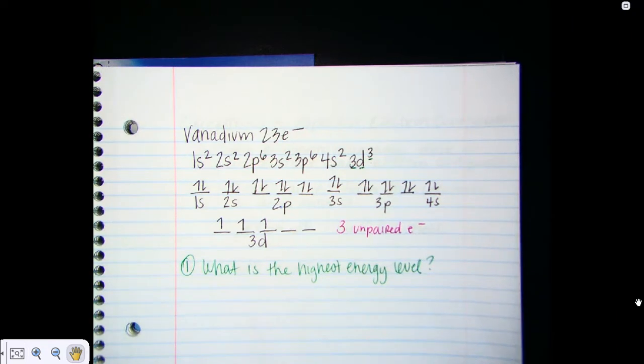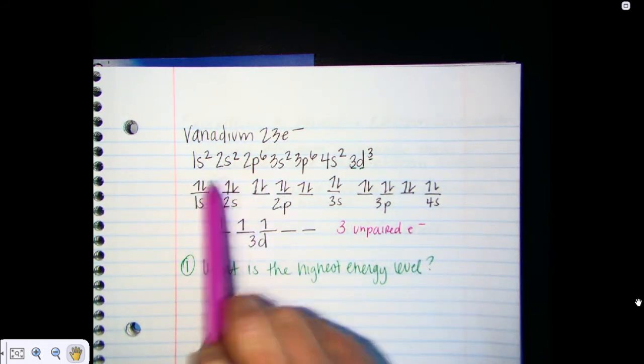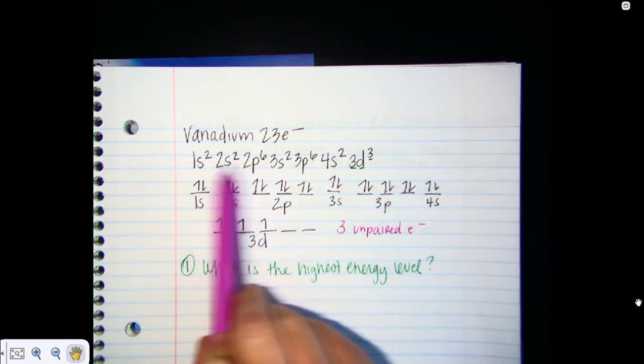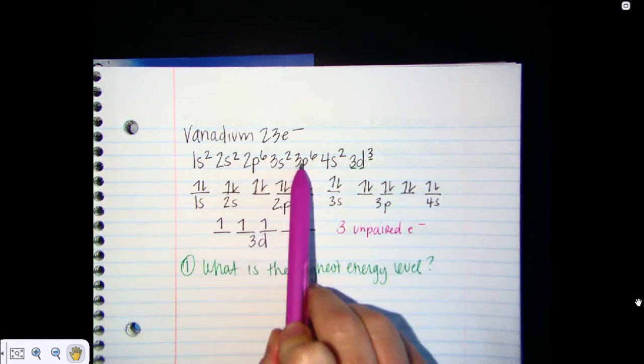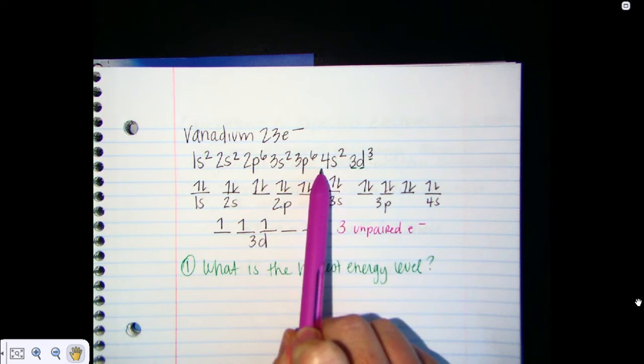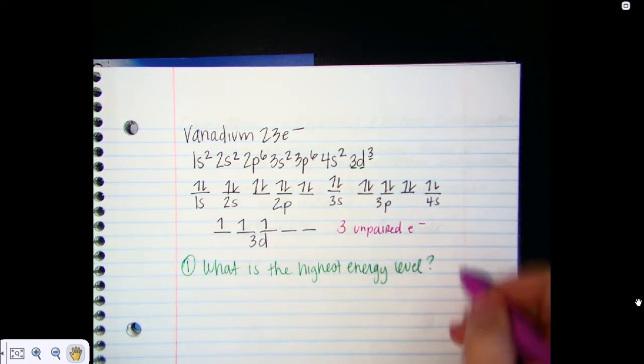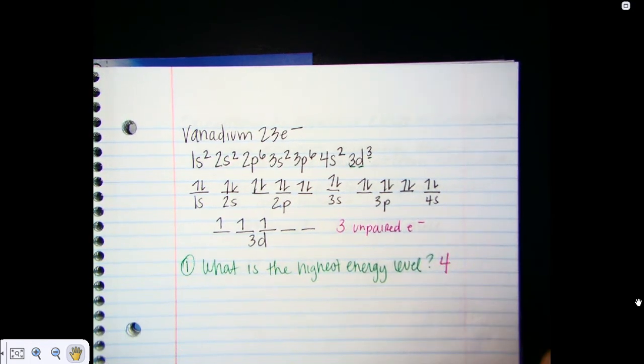Well, the energy level is the big numbers, right? So both of these 2s are in the same energy level. These 3s are in the same energy level. This 4 is in the same energy level. 4 is going to be my highest energy level.